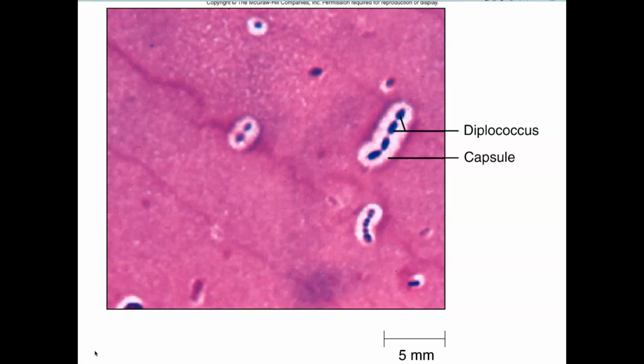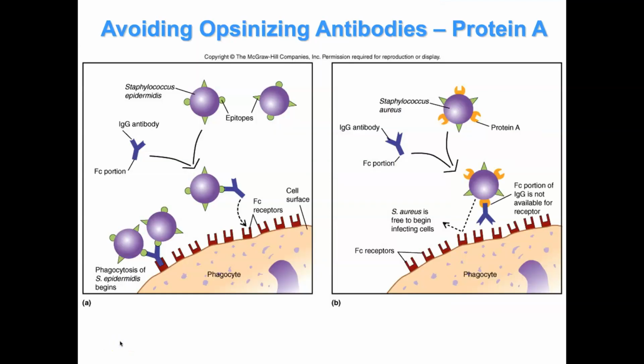Now that we outlined it on the whiteboard, let's take a look at what this looks like on the actual slide. Here we have avoiding opsonizing antibodies, protein A. This surface protein found in the cell wall of Staphylococcus aureus is going to bind IgG at the Fc region.